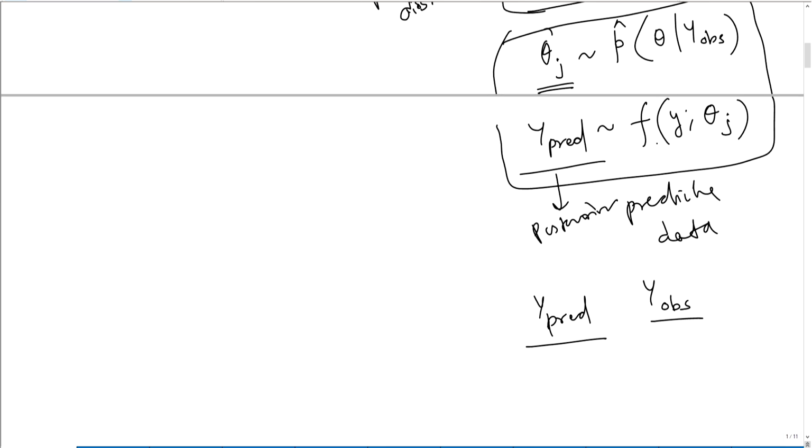You compare these predicted data points against these observed data points. If y-pred and y-obs are close to each other, then you say that the model fit is good, otherwise the model fit is bad.